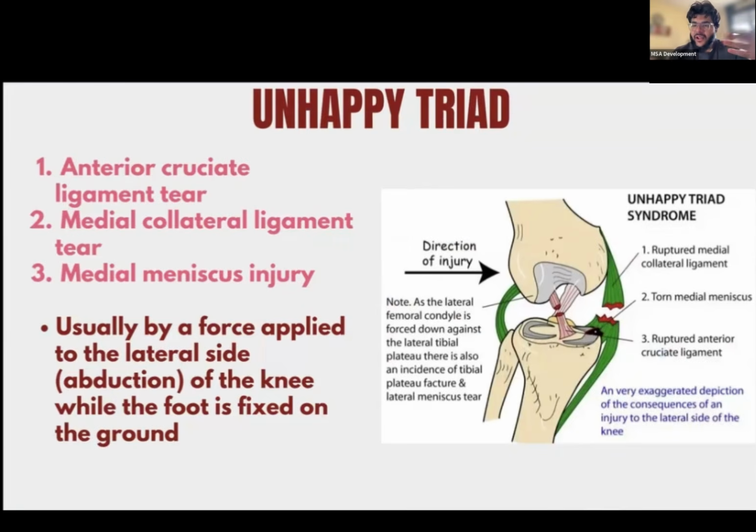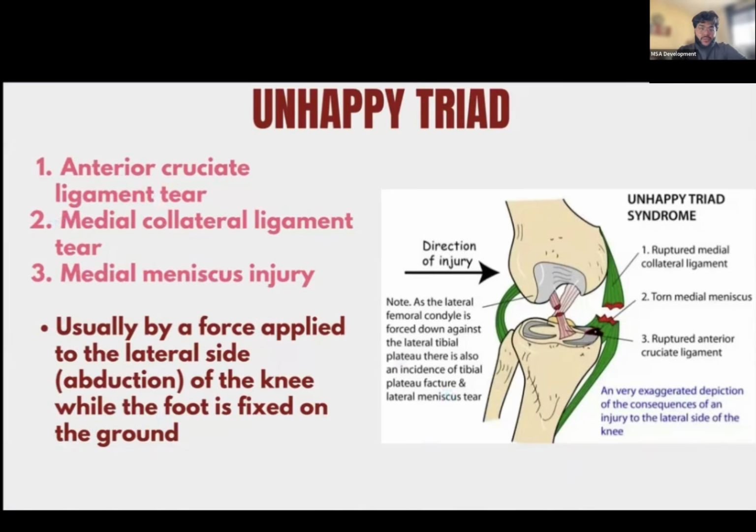Basically, this happens when a force is applied to the lateral aspect of the knee from the outside, so it's a valgus force, while the foot is planted on the ground. This would cause the unhappy triad. Just keep this in mind: know what ligaments are involved in this triad, and you should be good.